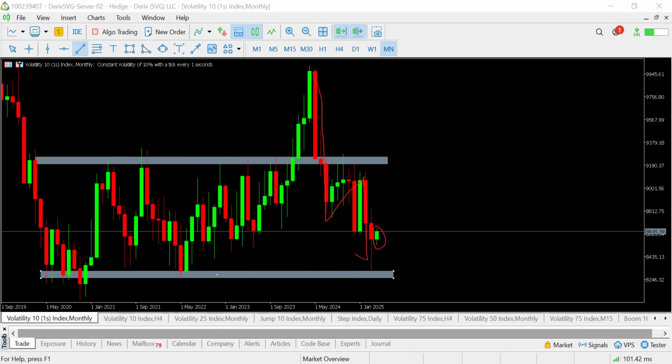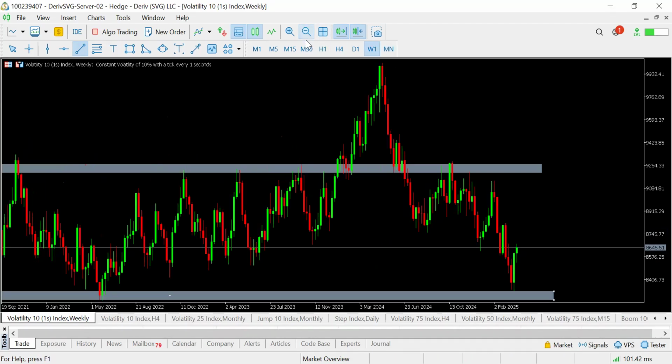So let's take these out and go to the weekly time frame. Let me zoom this in a bit. From the weekly time frame, the downward trending of the market becomes a bit clearer, in the sense that we now see a low, a lower high, a lower low, a lower high, a lower low.